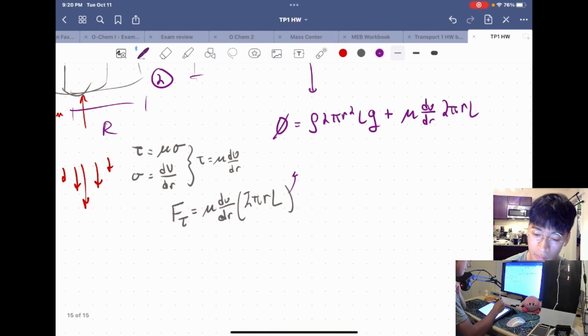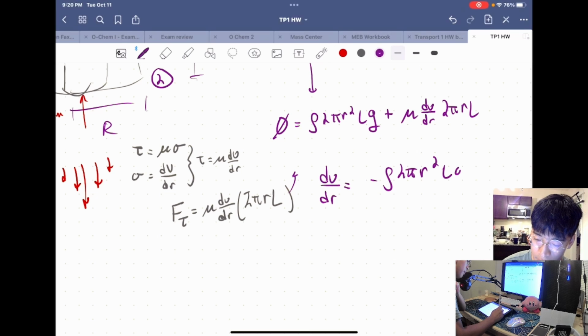So we would like to solve for dv/dr and then integrate. So let's go ahead and do that. We say that dv/dr is equal to negative rho 2 pi r squared L g over mu 2 pi r L.